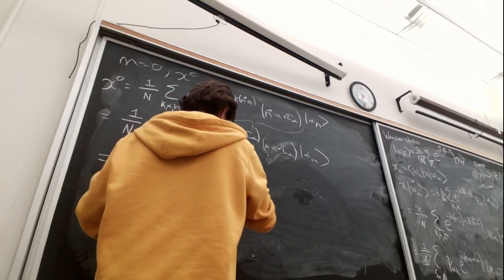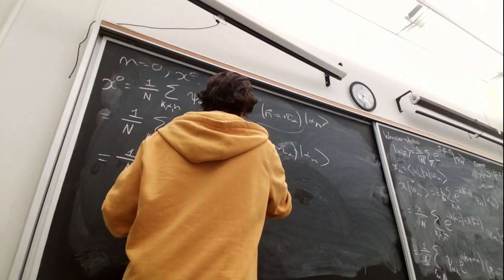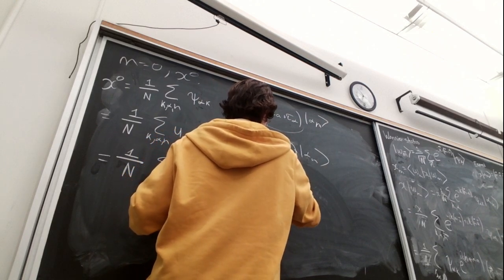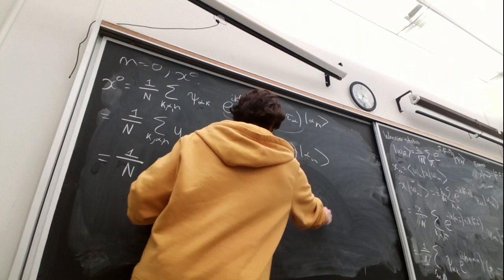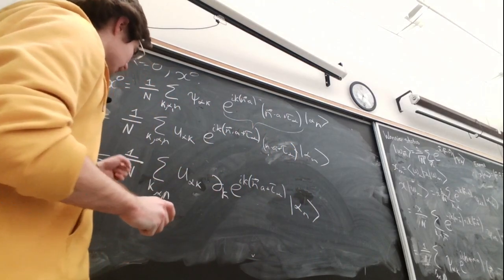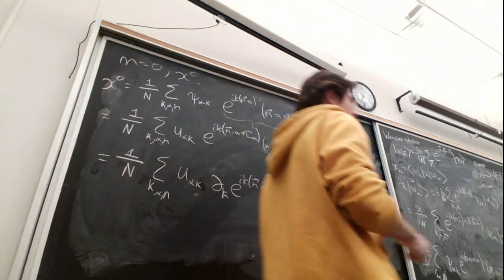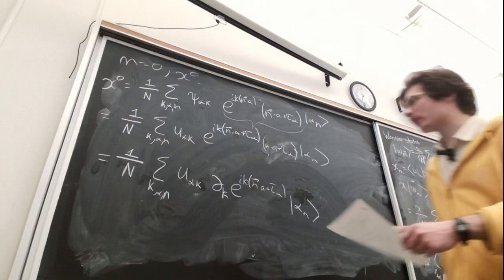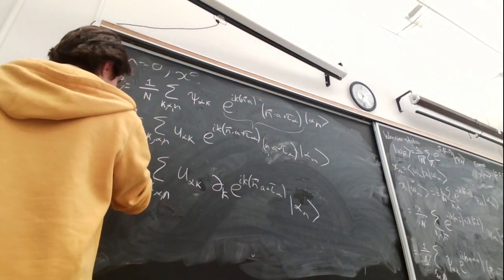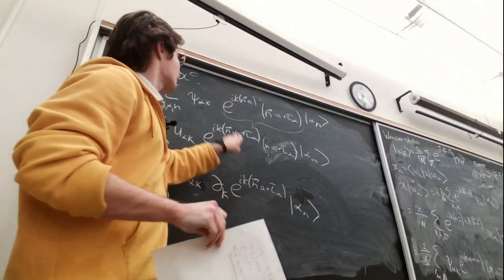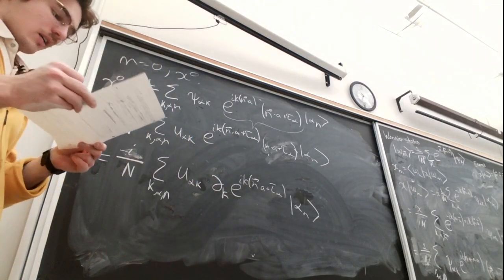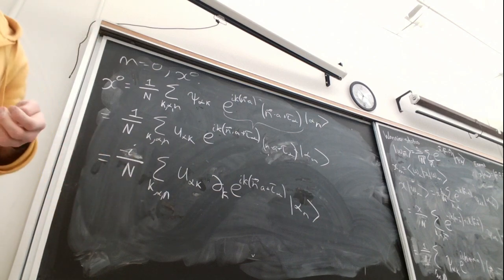Just times the partial derivative with respect to k of this phase factor. Okay? Do you agree? But look, over here, I have a sum over k. Oh sorry, and I should also have a minus i up here. Right, because if I'm taking a derivative, I'm going to have an i come down, and then I want to have a minus i to cancel that.